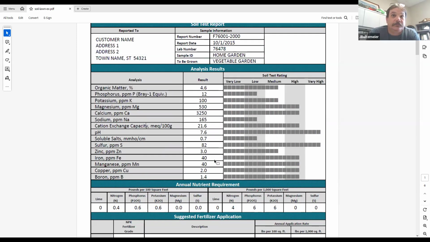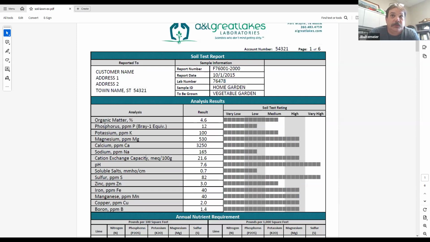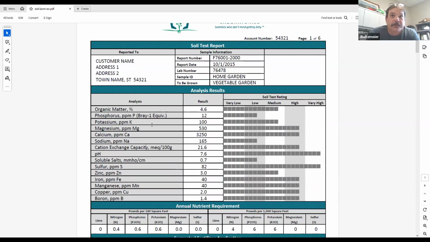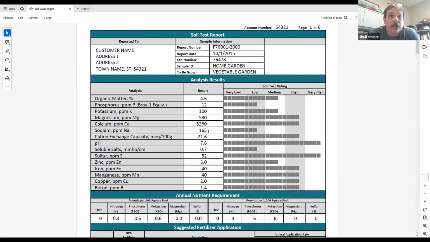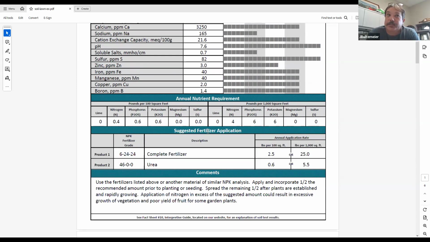So again, this is the analysis results, nutrient analysis and nutrient requirement. These two segments are a basic soil test with recommendations. Lawn and garden brings in the rest of the enchilada.